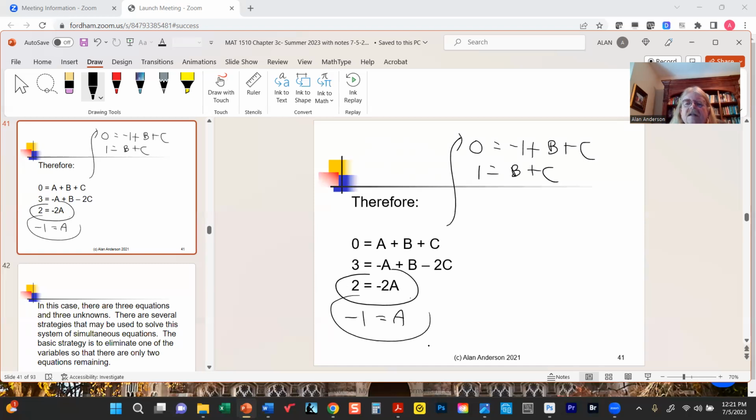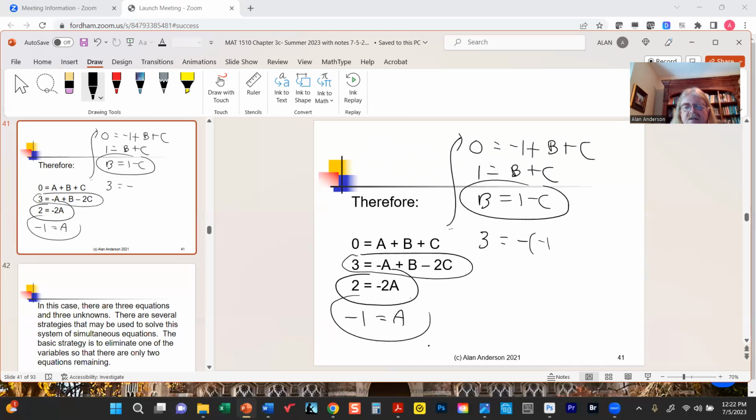And so what that means is I can now write this as, let's say, b equals 1 minus c. And that means now with the second equation, I can make some substitutions. Minus a is just minus 1, plus b, which I'm writing as 1 minus c, minus 2c.